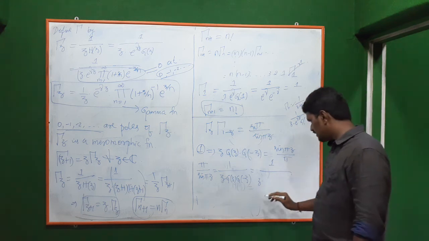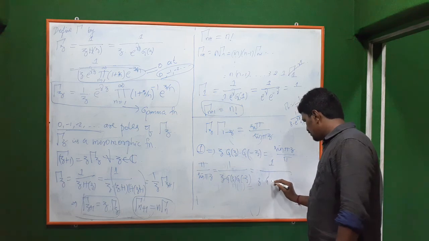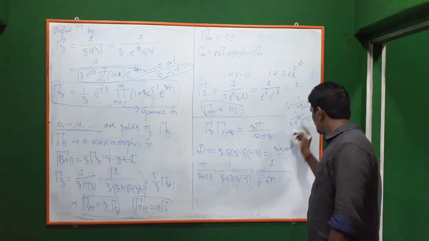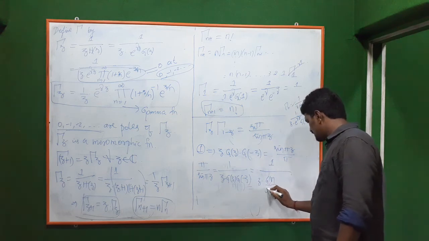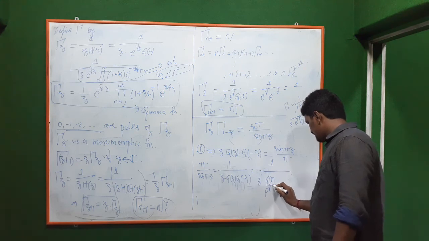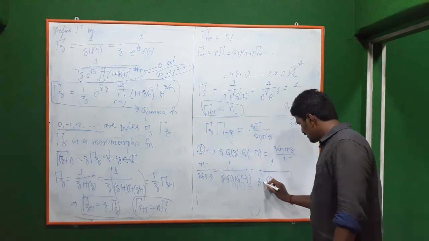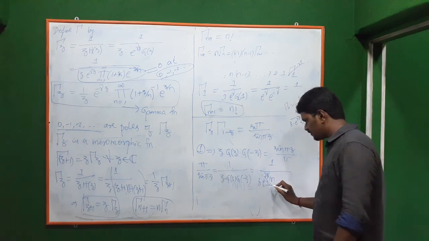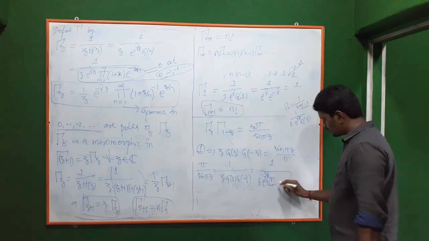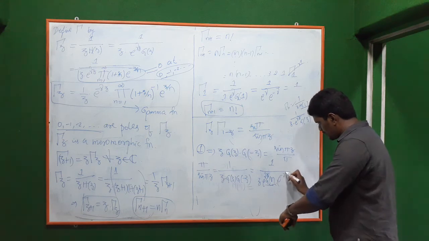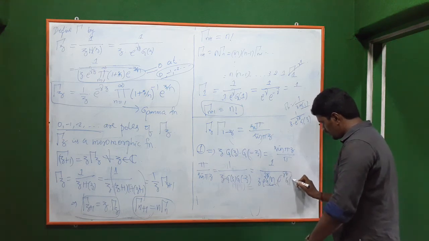So here what we can do is multiply and divide by e power gamma z. So we get e power gamma z into g of z into e power minus gamma z into g of minus z.